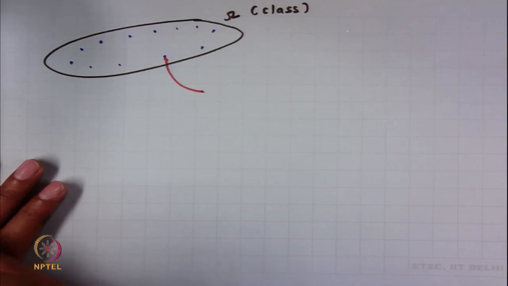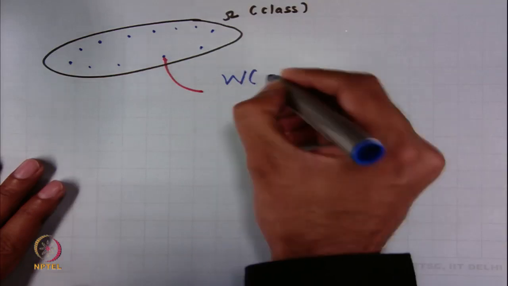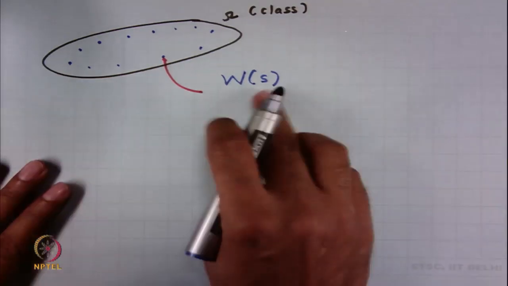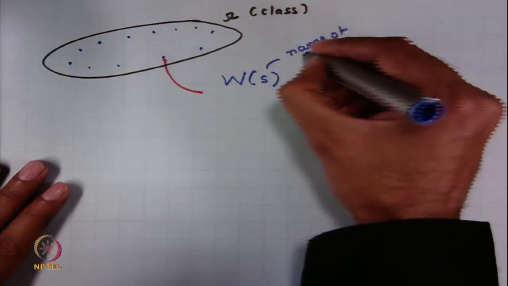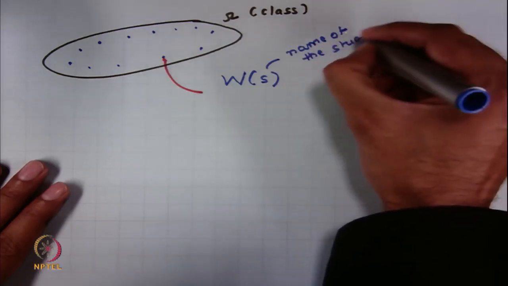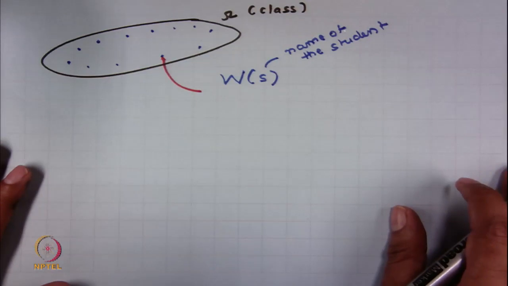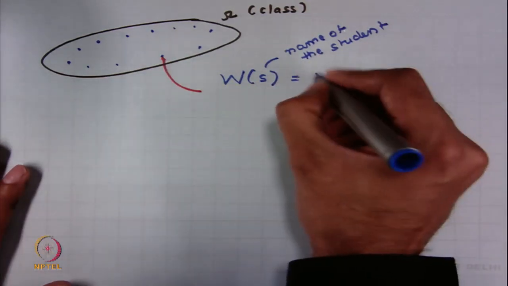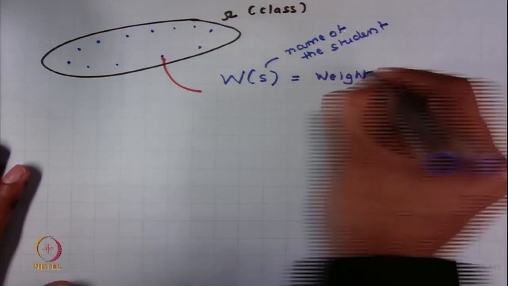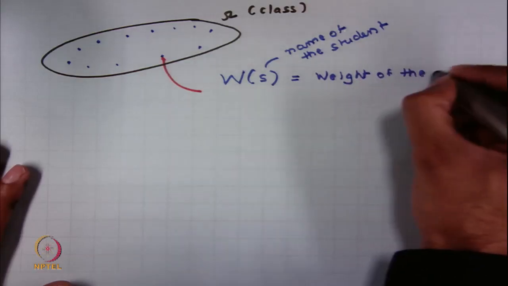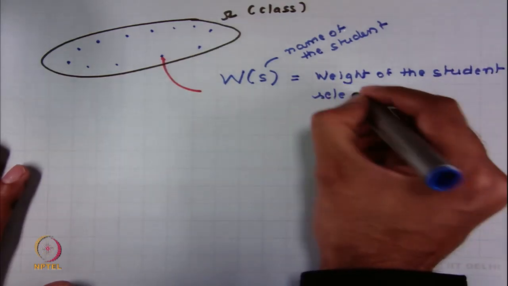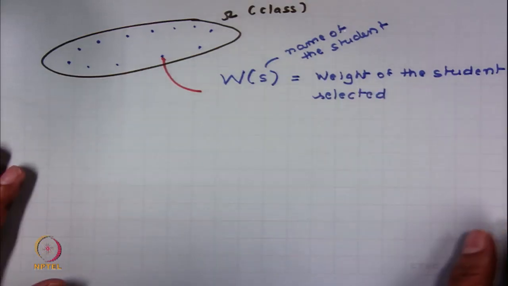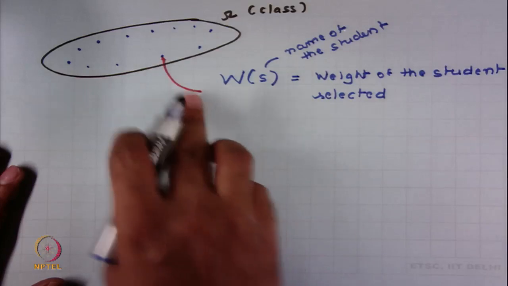So, let me select this student and then I pass the name of this student through a function W(s), where s is the name of the student, and W(s) essentially gives me the weight of the student selected. My randomness is in selecting a particular student.